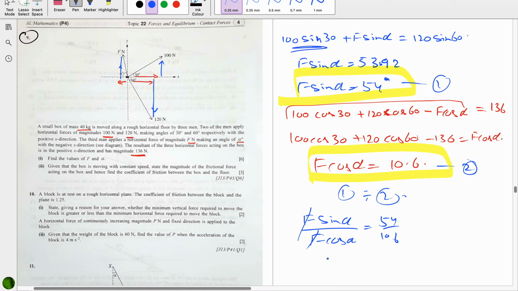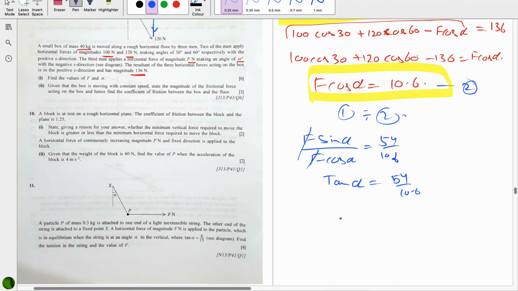So F cancels with F. Sine theta by cos theta is tan theta, which is 54 divided by 10.6. Keeping it as it is, alpha would be tan inverse of 54 by 10.6. Shift tan of answer is 78.9.